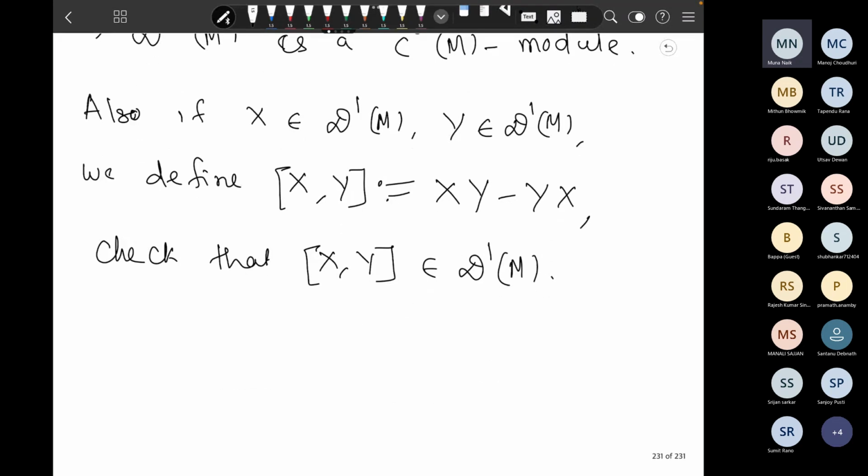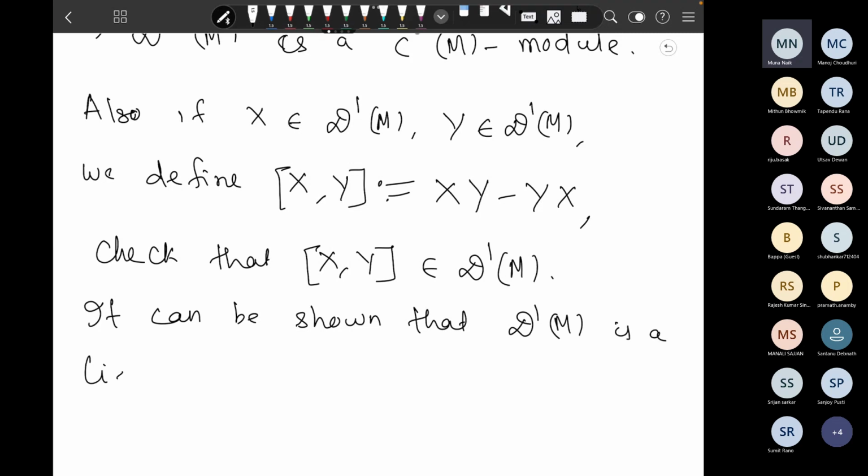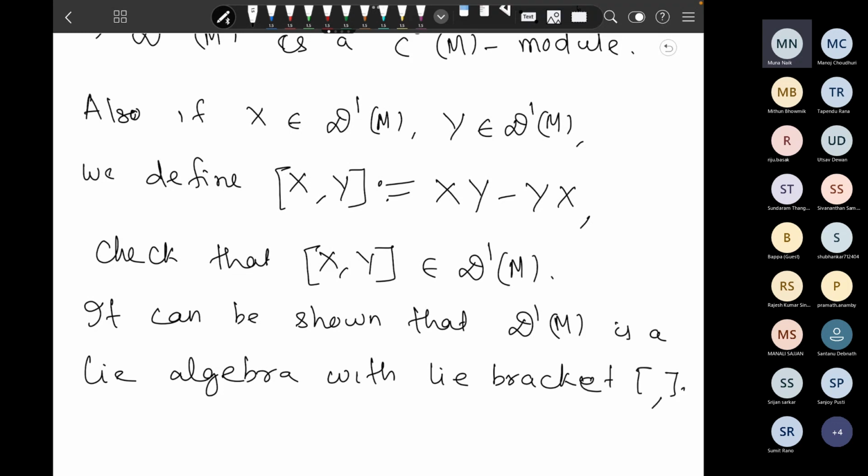Now it can be shown that D1 M is a Lie algebra with this Lie bracket.